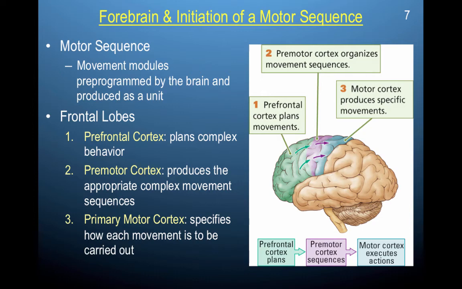An architect will then draw up the plans, and this plan will basically be like the organized movement sequences. Then who will produce those specific elements of your house will be the contractor. Just as the motor cortex produces specific movements, the contractor would then create the specific parts of the house. So when you plan movements, it functions in very much that same way.